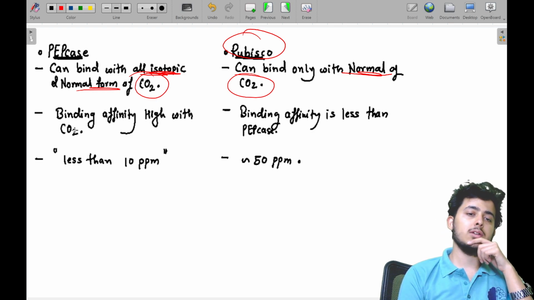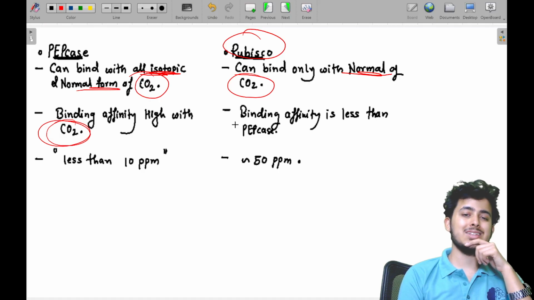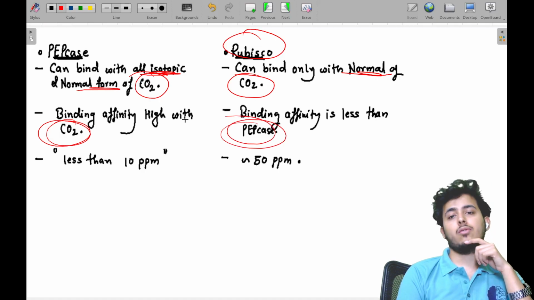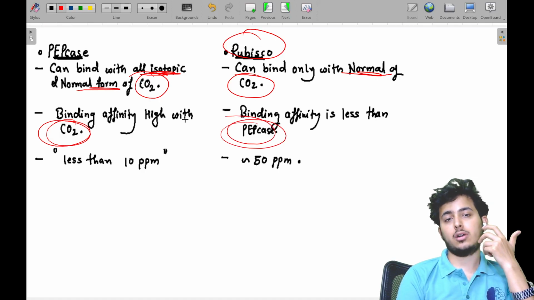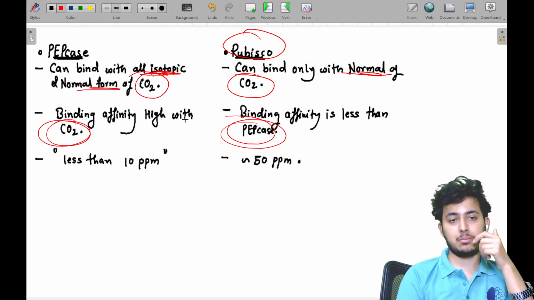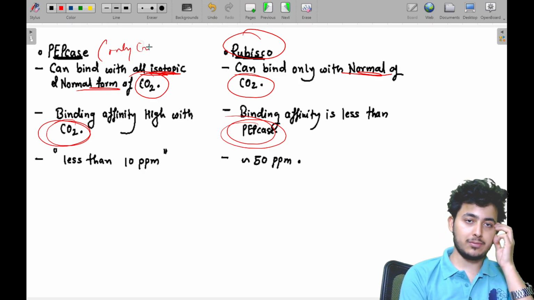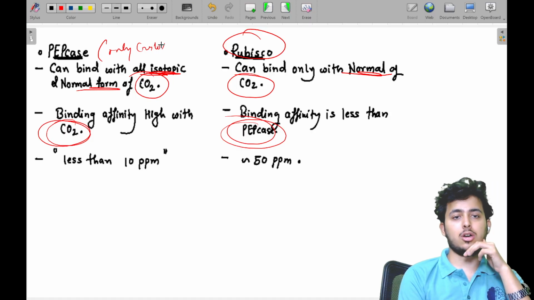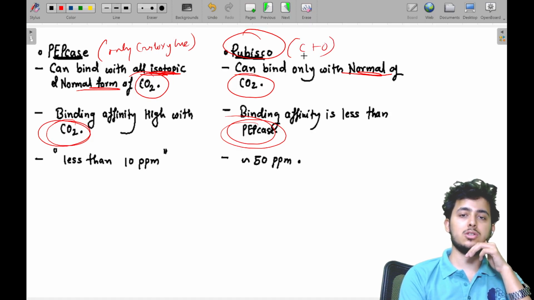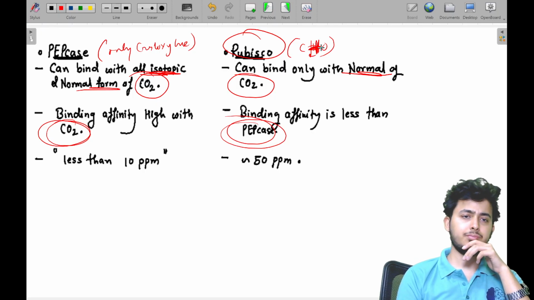Binding affinity is high with CO2 for PEPcase, and the binding affinity of Rubisco is less than PEPcase. The PEPcase is only a carboxylase, so its binding affinity for carbon dioxide is very high. But Rubisco is both carboxylase plus oxygenase, so its binding affinity is lesser as compared to PEPcase. This is an important concept.